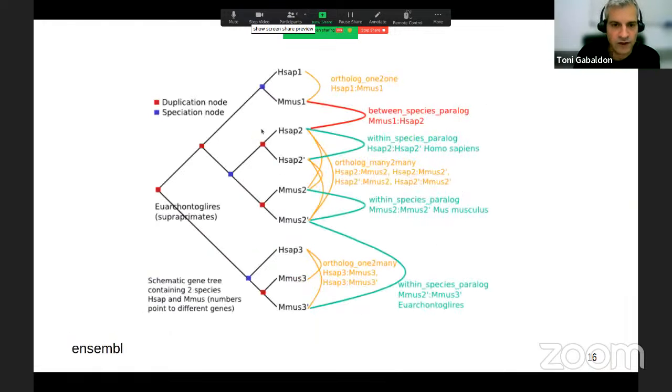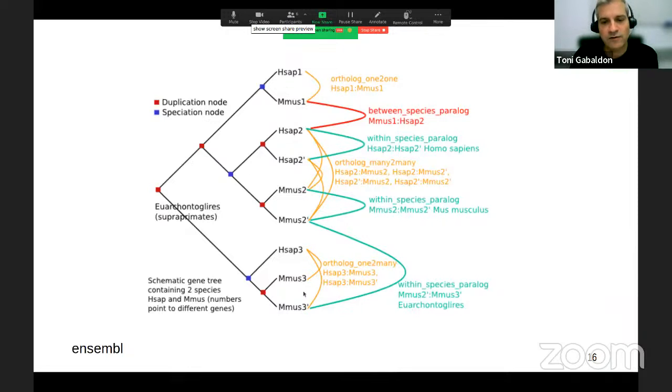But if you have duplications and speciations alternating and occurring several times, you can have very intricate relationships. This is one schematic tree in which I just showed two species, Homo sapiens and Mus musculus, and a series of duplications happening before or after the speciation of human and mouse.